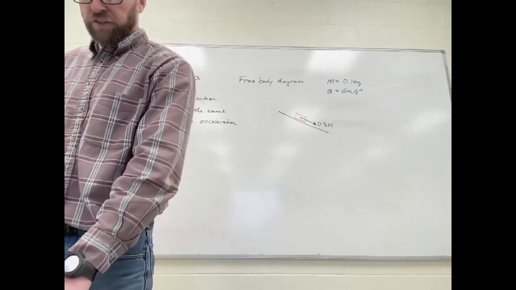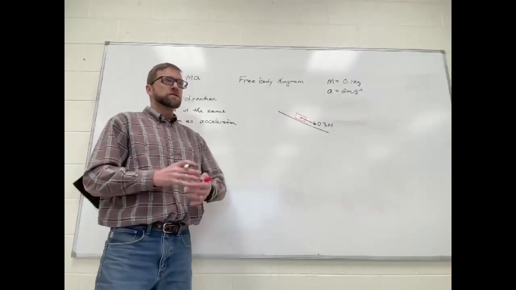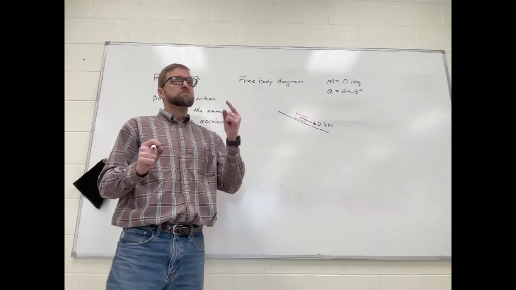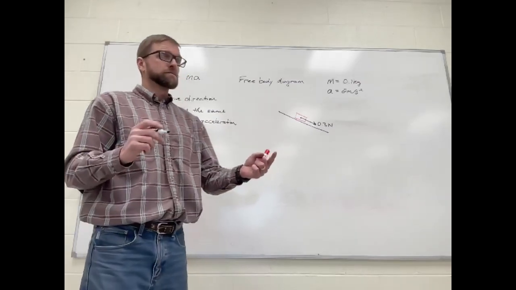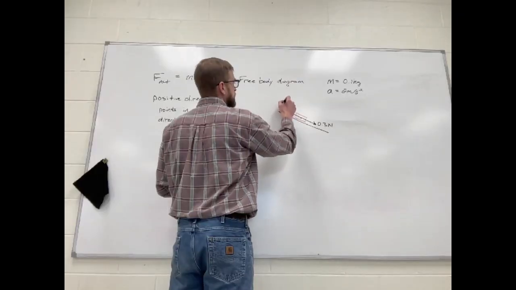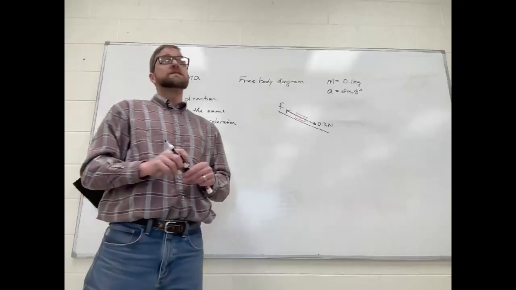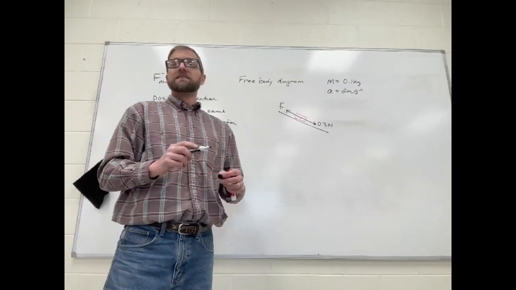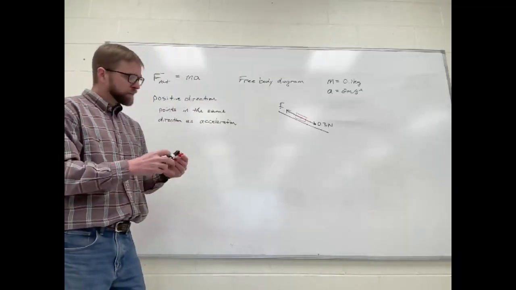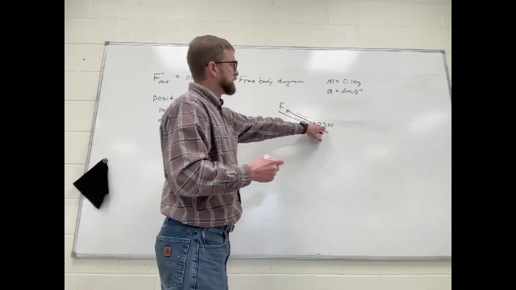What is the friction force acting on the puck? Well, what direction is the friction force going to act? Opposite the motion, right? So we're going to put that here. This is friction. And because it is sliding, what kind of friction is that? Kinetic friction, that's right. Okay, and so then we know that this piece right here is 0.3 newtons.